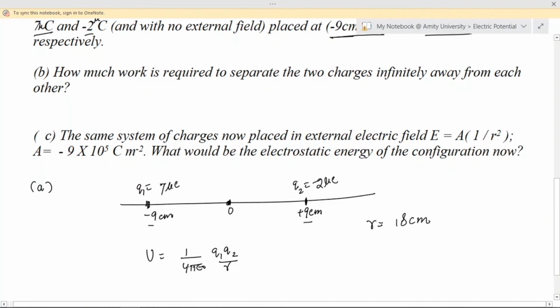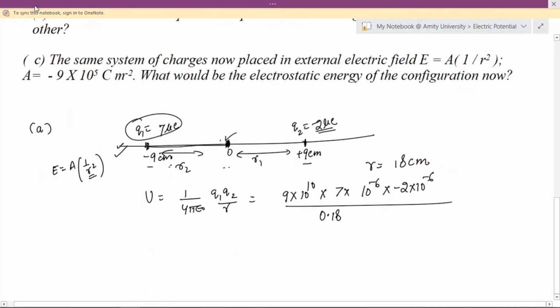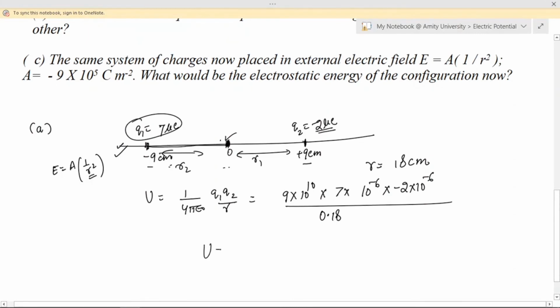Here we are going to introduce the values of Q1 and Q2 along with the sign, since potential energy is a scalar quantity. So it will be 7 into 10 raised to the power minus 6 upon 0.18. We need to convert it into meters. On solving this, we get the value of potential energy equal to minus 0.7 joules.